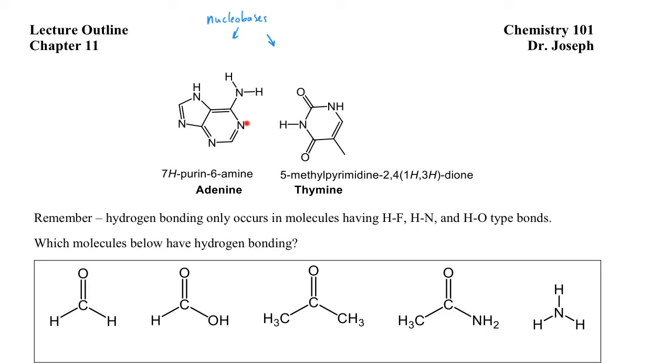We could have a hydrogen bond going across this way as well. So let's go ahead and draw all of this information into this diagram. I have my delta negative oxygen across from my delta positive hydrogen. That forms one hydrogen bond. And then down below, I have the delta positive hydrogen of thymine forming a hydrogen bond to the delta negative nitrogen of adenine.